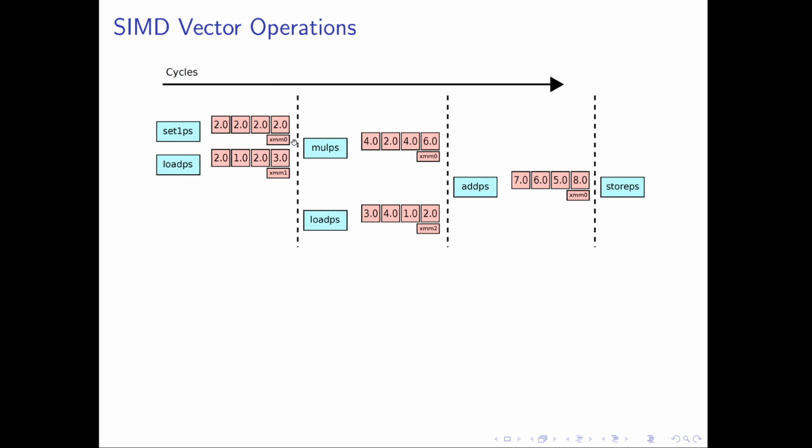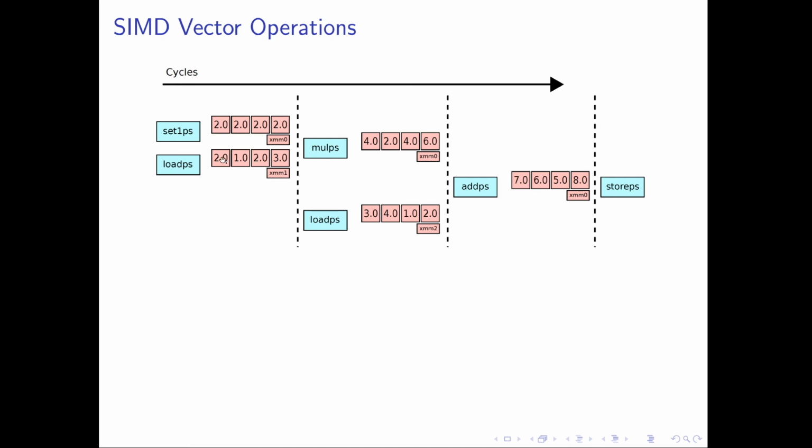You can see how I fill this XMM0 register with all twos. The set function is basically like a memset function where I can pass a scalar value, and then this value is used to fill the register. And then you can also see that I'm using a load instruction to fetch data from memory into registers.